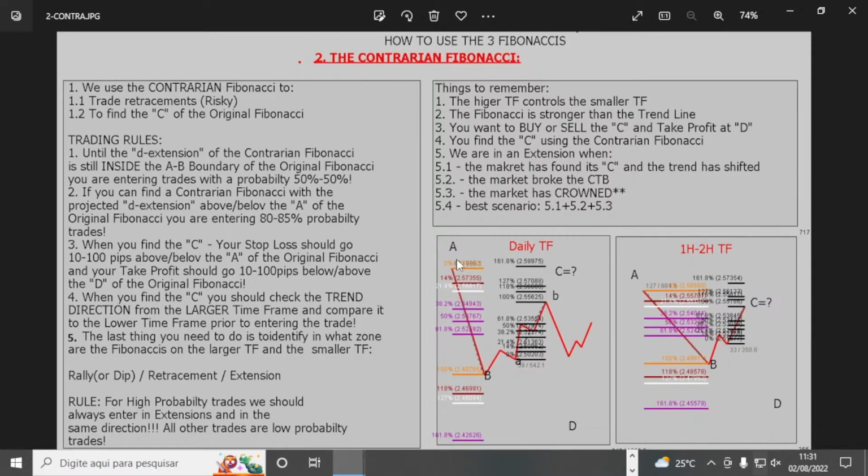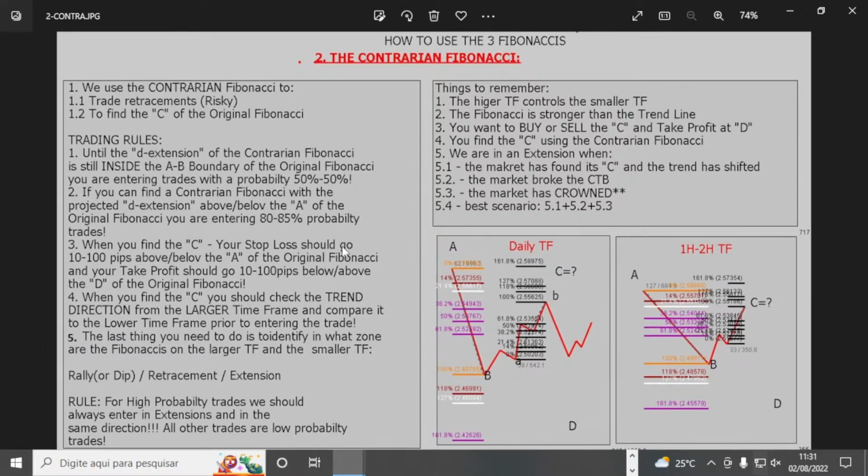Oh, but the original Fibonacci is down and I have the confirmed C. This is going to be a sure winner. And I would put back in time 20% or 50% of my account, with all the heart palpitations that I'm going to make a killing with one trade. Doesn't work.